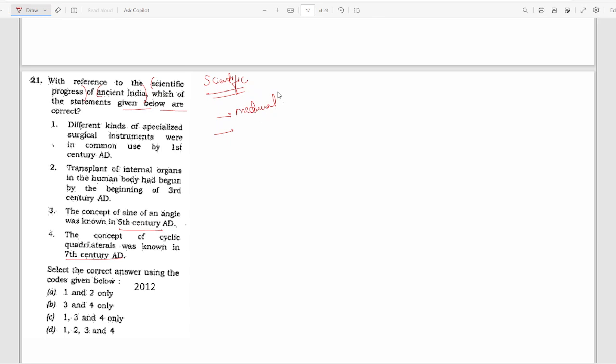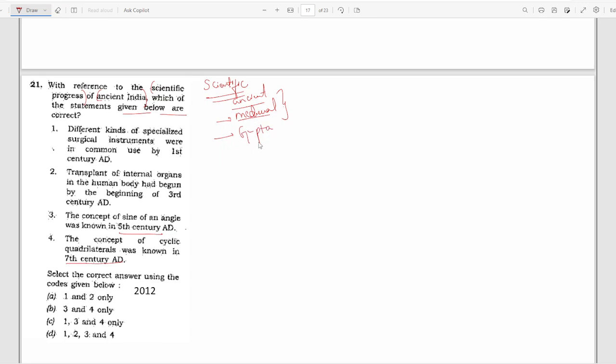So this can be a mains question also. In this case, it is a prelims question. They've asked about ancient, then they can ask about medieval, or they can ask about a particular age. For example, the Gupta period or the Mughals.